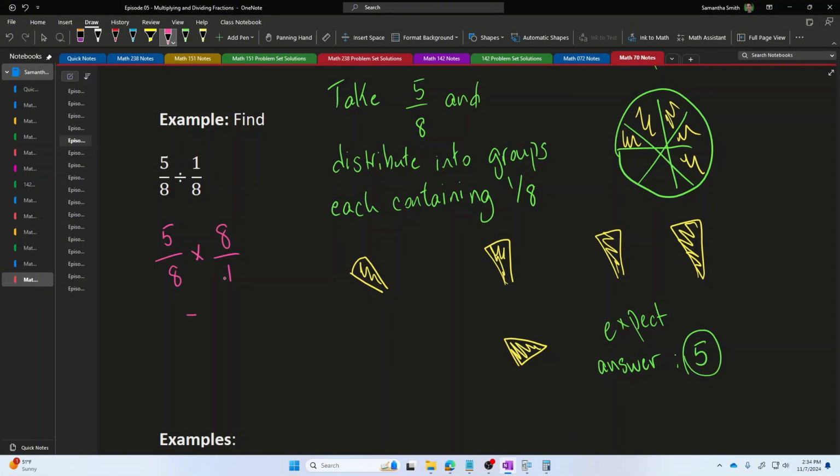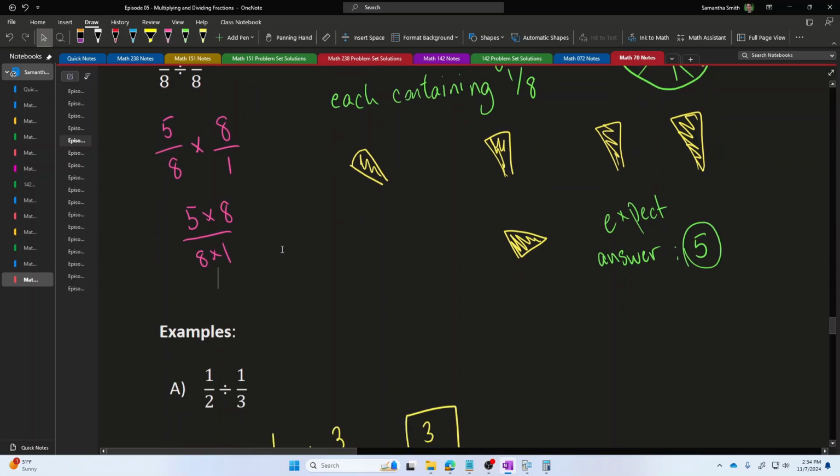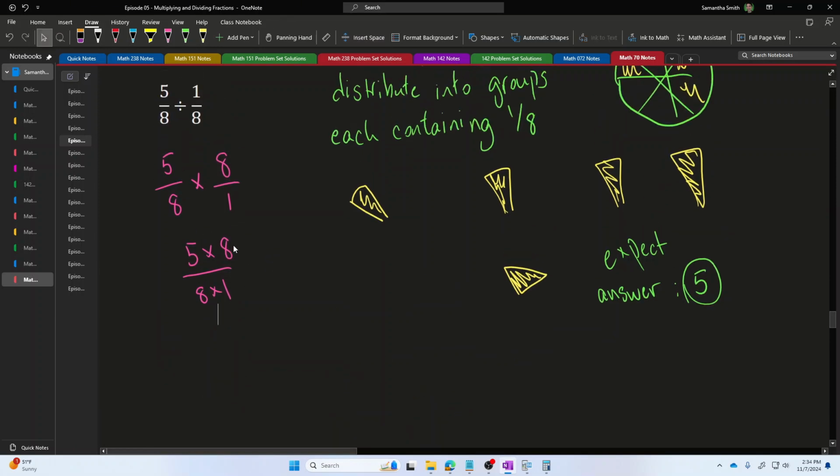And if I do 5 times 8 over 8 times 1, I can definitely see that the numerator and the denominator are going to contain an 8 in common, right? There will be an 8 inside of the numerator and an 8 inside of the denominator that I will want to divide out and cancel out to get rid of that 8, to make it simpler.